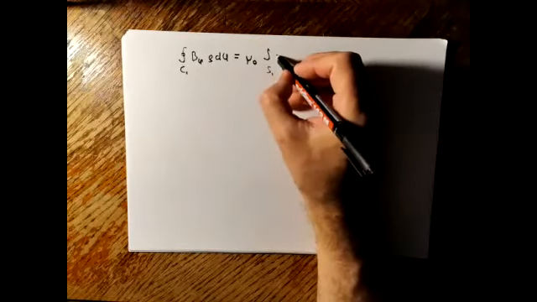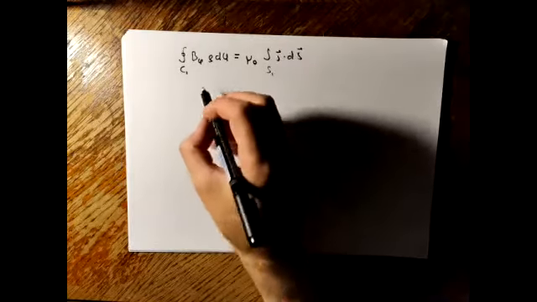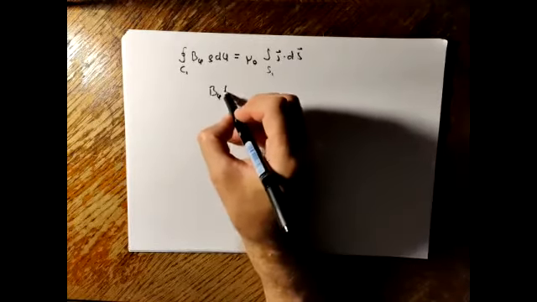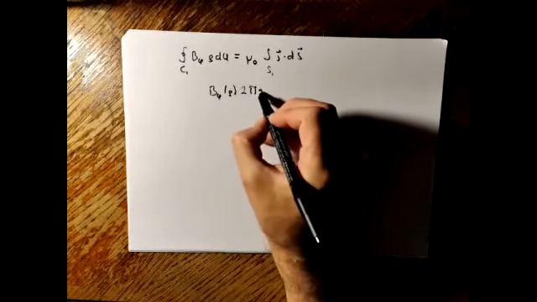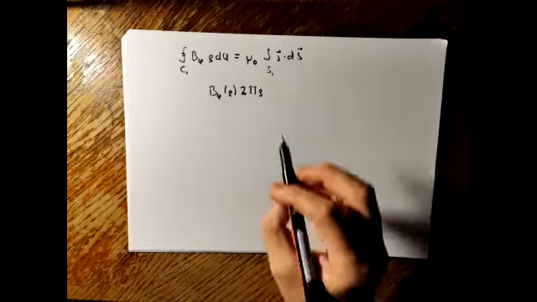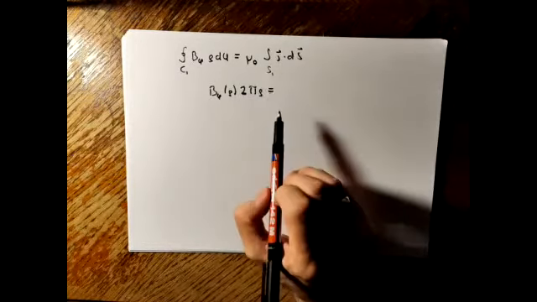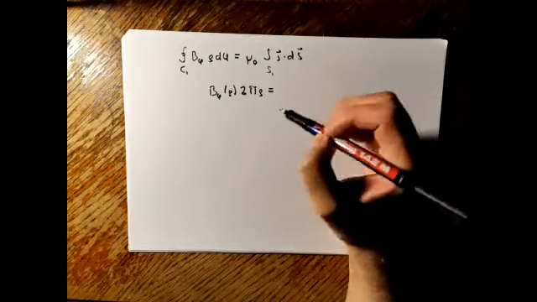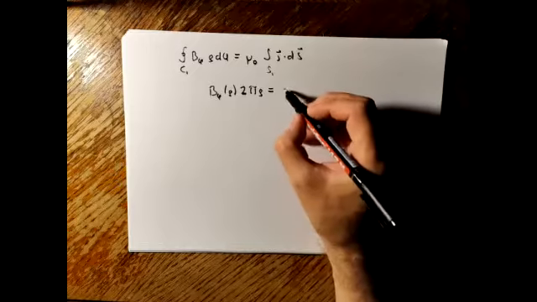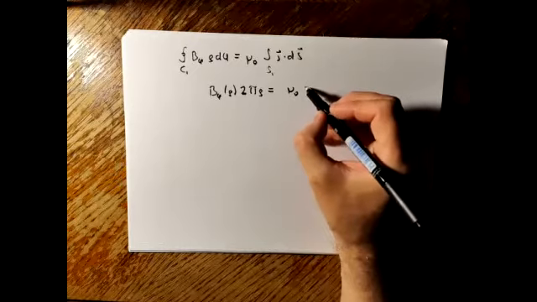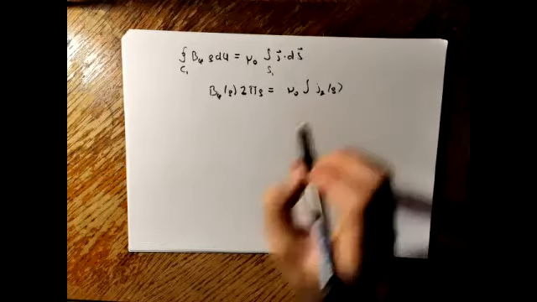So this is going to be J dot dS, and we can actually write this as B phi, which depends on rho, times 2 pi rho, and that's equal to... well, what is it going to equal? J flows in the z direction, so it's normal to the surface.